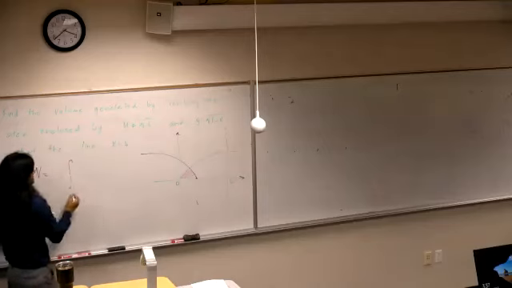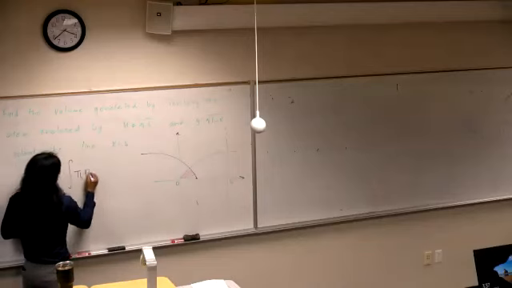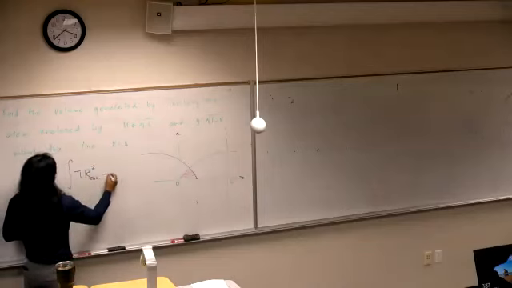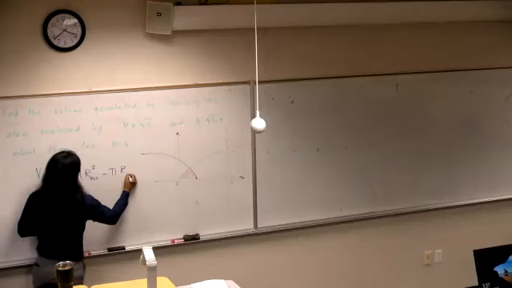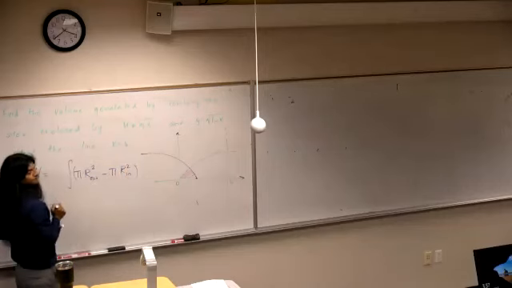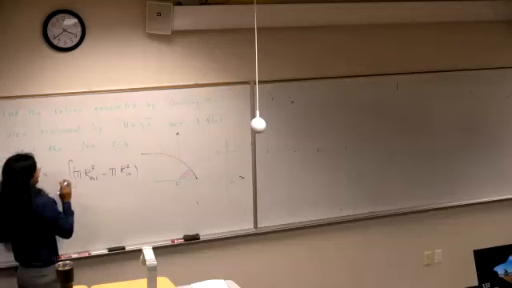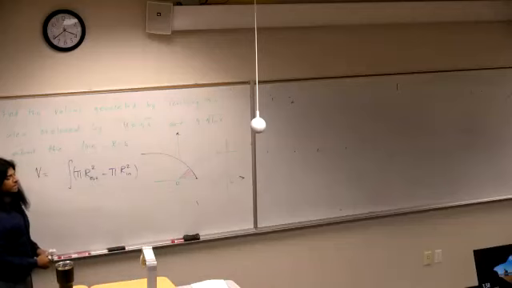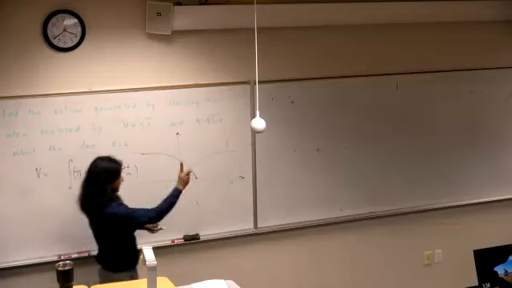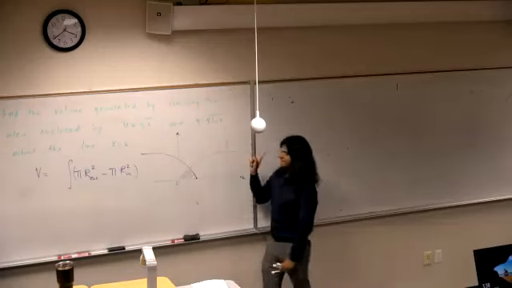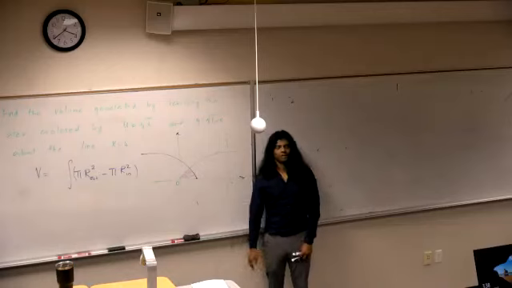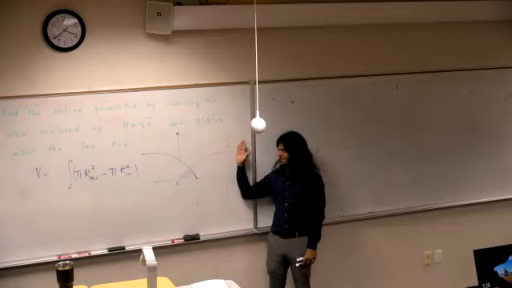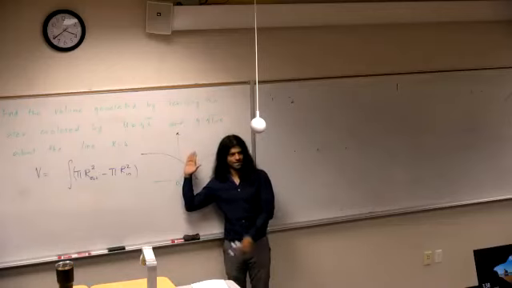So, integral of pi outer radius squared minus pi inner radius squared. Agreed. What are we integrating with respect to? Spinning it about the line x is equal to 4, which would simply mean this is parallel to that.